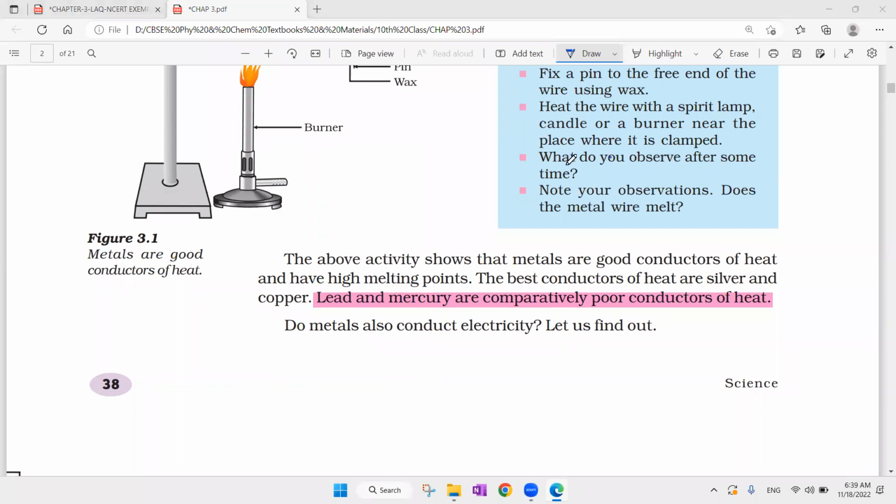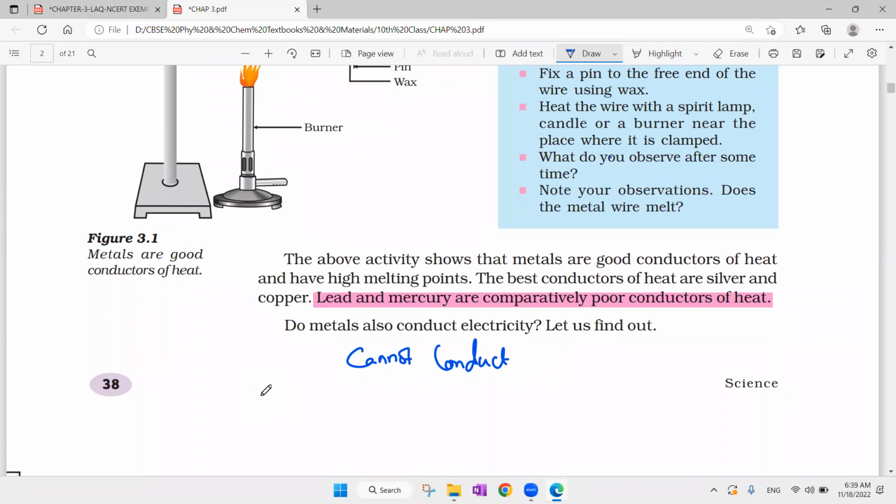It cannot conduct heat energy. Definitely it cannot conduct, that is so sure. But one question: why is mercury used in thermometers? How can it show temperature?